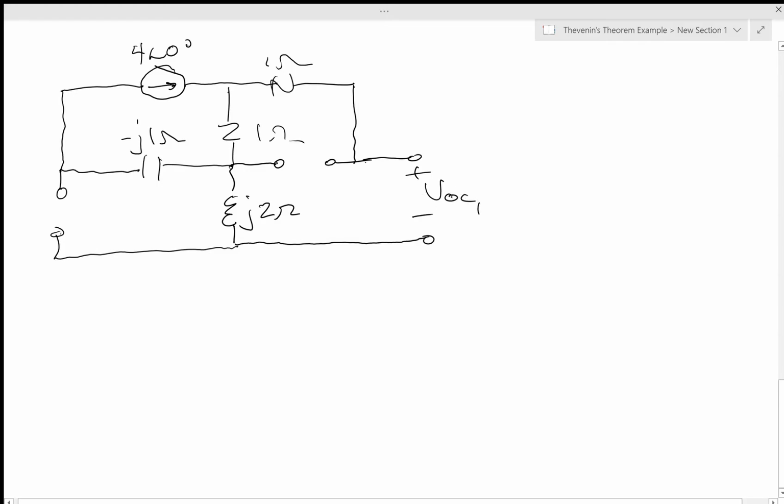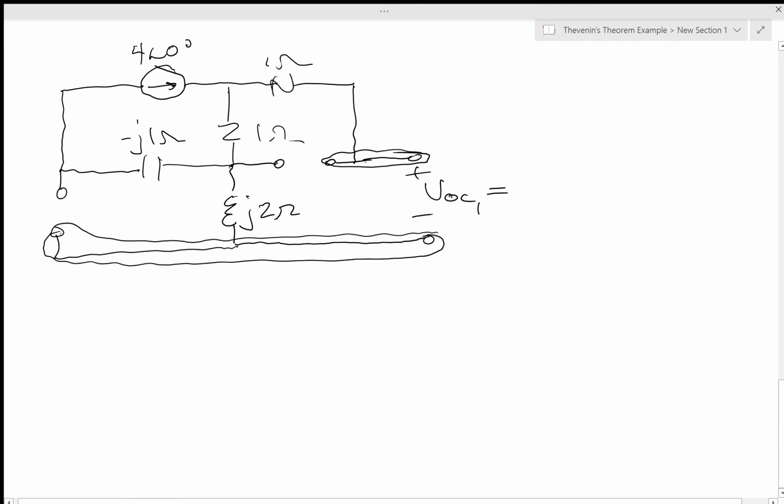And I'm going to call it 1. And what does that equal? Okay, so let's look at this. This is a node. And this right here is a node. And here's a node. And here's a node. Okay, so what does that look like? So I'm going to redraw it a little bit differently.